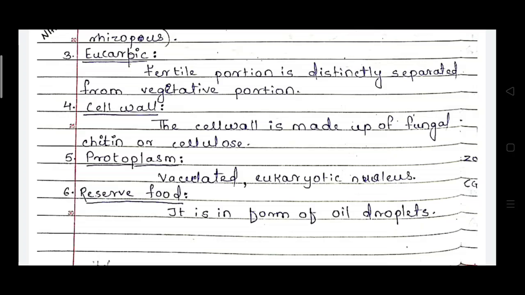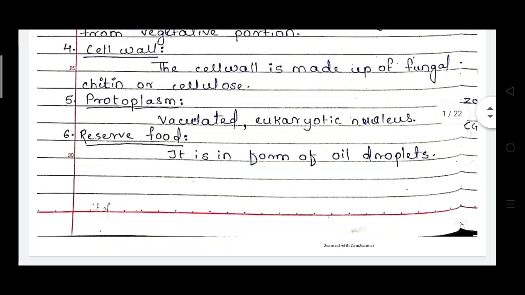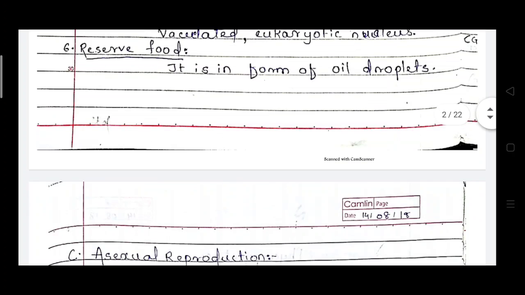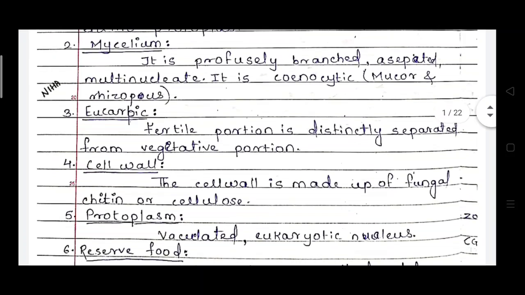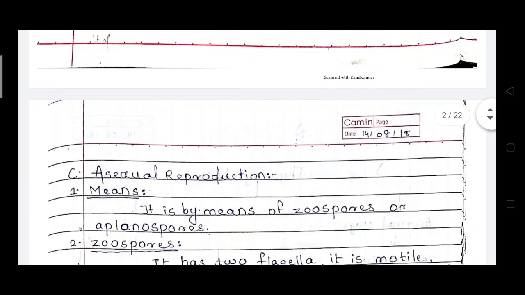MCQs also ask which type of reserve food material is present in this Phycomycetae fungi. The correct answer is oil droplets. So this is regarding the thallus or hyphal structure of this fungi group.